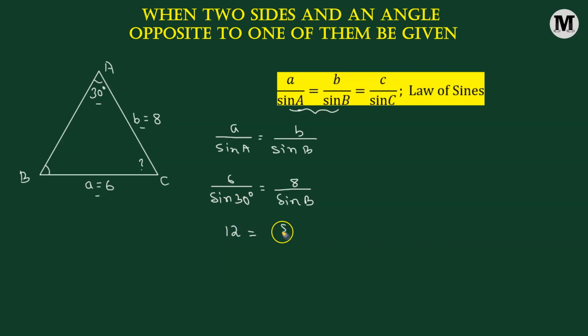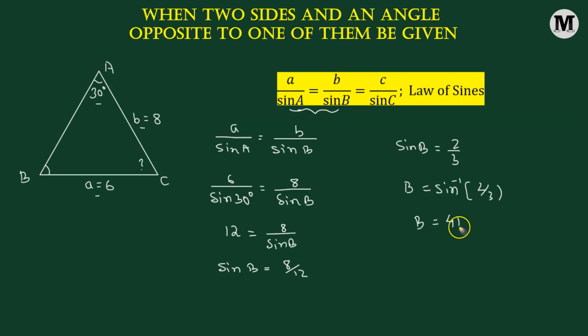So we have 12 equals 8 over sine of angle B. So sine of angle B equals 8 over 12, which simplifies to sine B equals 2 over 3. But what we need here is the angle measure for B, so we take the inverse sine on both sides to get sine inverse of 2 over 3. Plugging this into a calculator gives 41 degrees, 48 minutes, and 37 seconds. That is the angle measure for B.